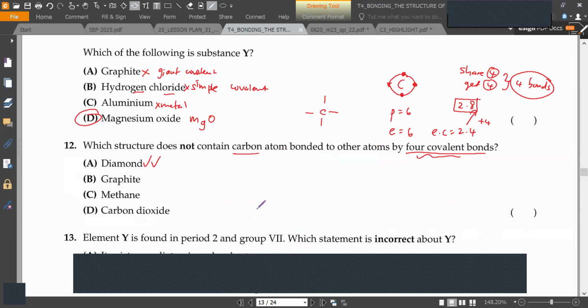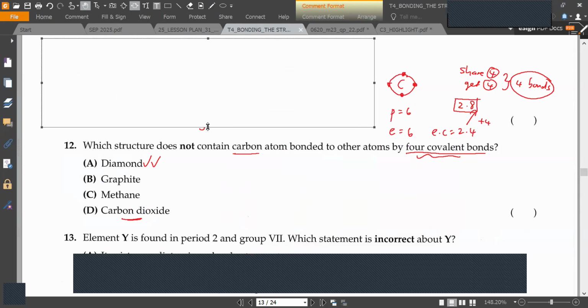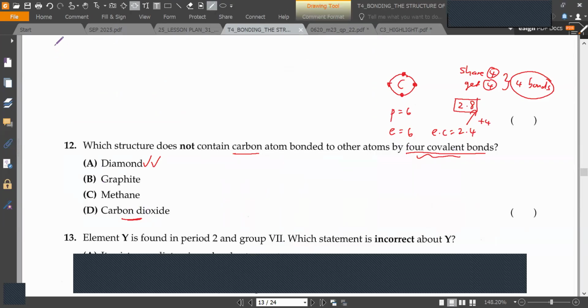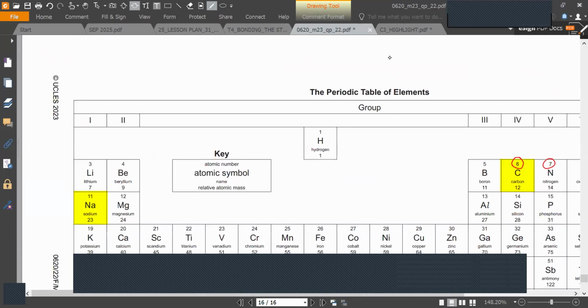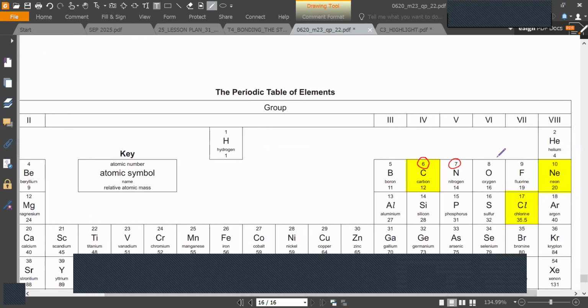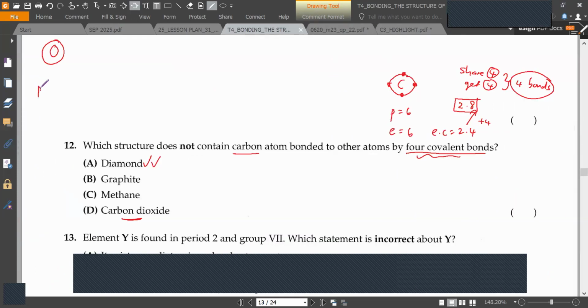Next we will look at carbon dioxide. So we'll look at oxygen. Oxygen is here, oxygen is 8.